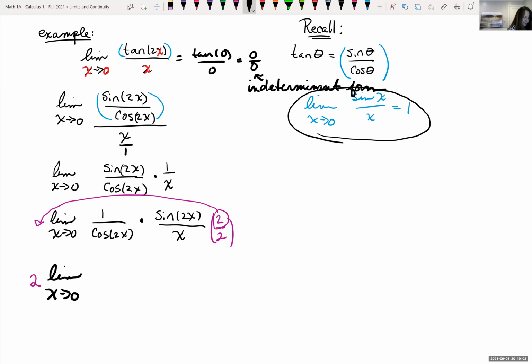So the limit of the first function, 1 over cosine of 2x, times sine of 2x all over 2x. I'm just going to put the 2 in front, and now take the limit of each function.